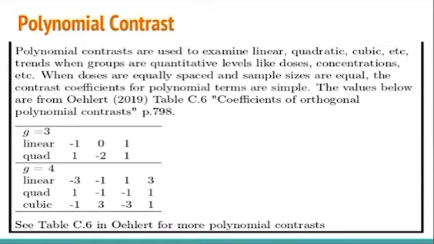If you want to talk about quadratic, which is a polynomial, the weight is going to be 1, minus 2, 1. If my group equals 4 and I want to compare linear, the weight is going to be minus 3, minus 1, 1, 3. If I want to do quadratic, just make use of that.